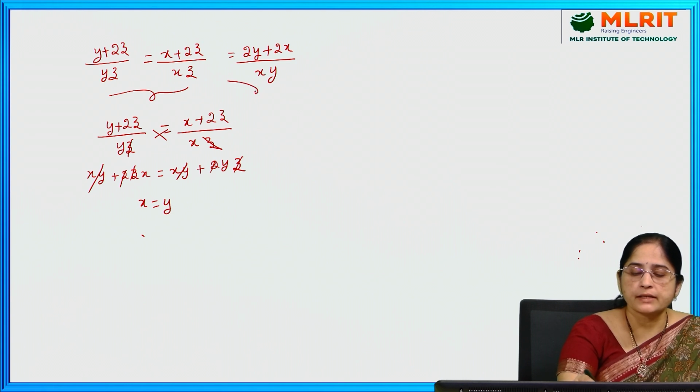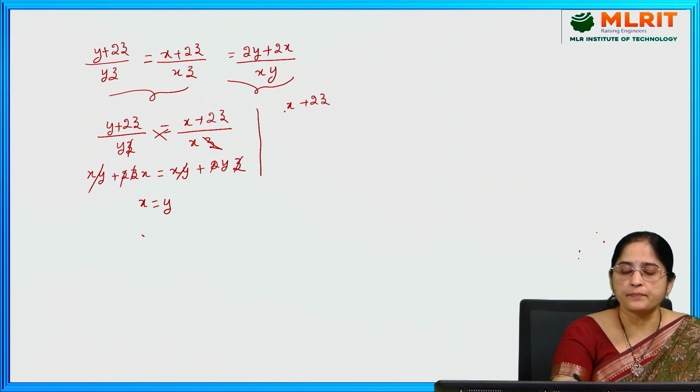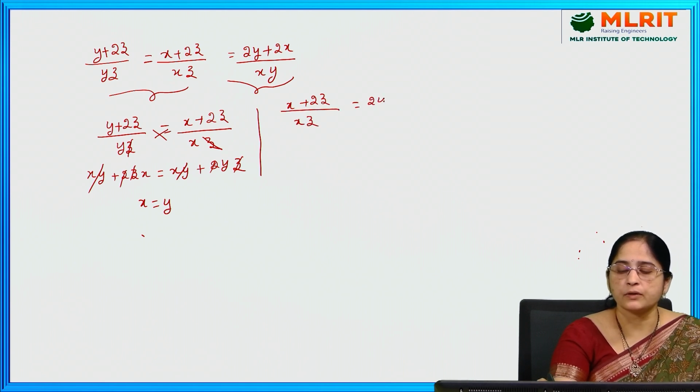Next, take the second and third equations: x plus 2z by xz equals 2y plus 2x by xy. Here x cancels.